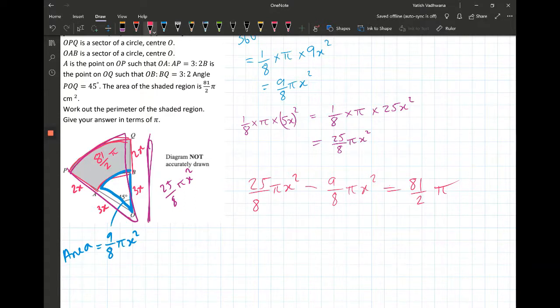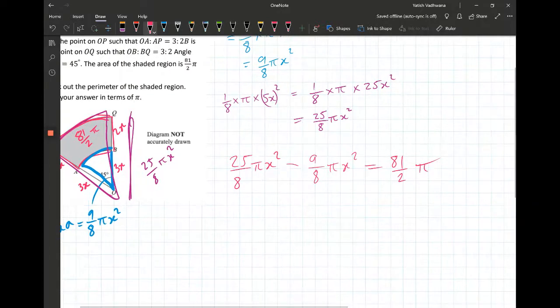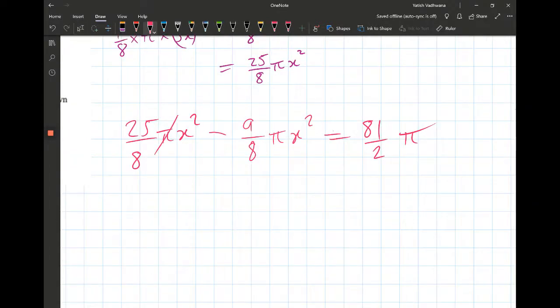So we can cancel pi, by dividing everything by pi. We can also combine these two, because it's 25 over 8 x squared take away 9 over 8 x squared. 25 over 8 take away 9 over 8 will give you 2. So 2x squared equals 81 over 2.